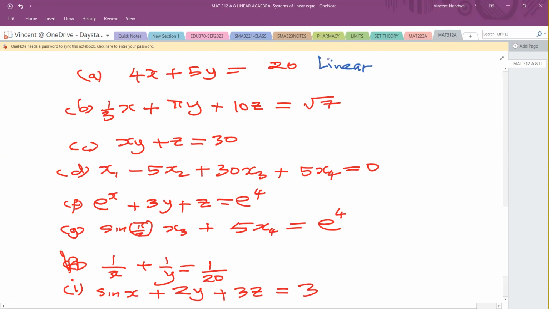B? Why non-linear? Which one is not a real number? No, pi is a real number.